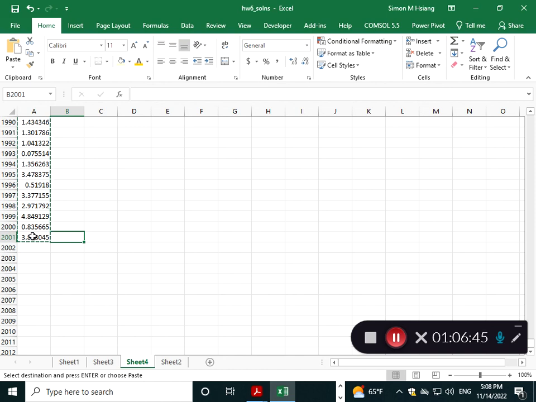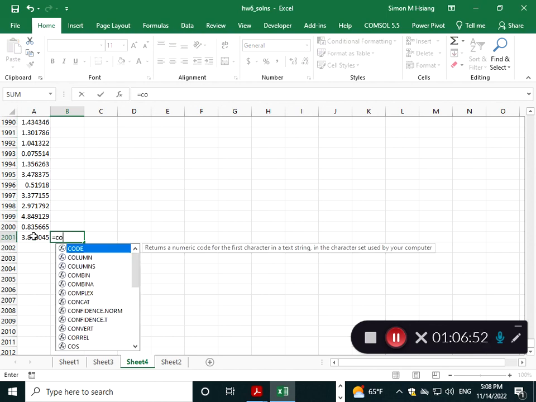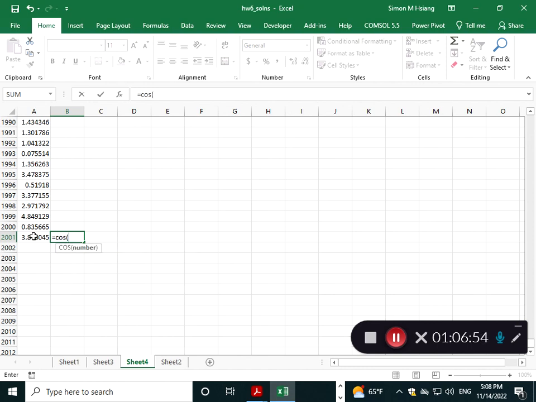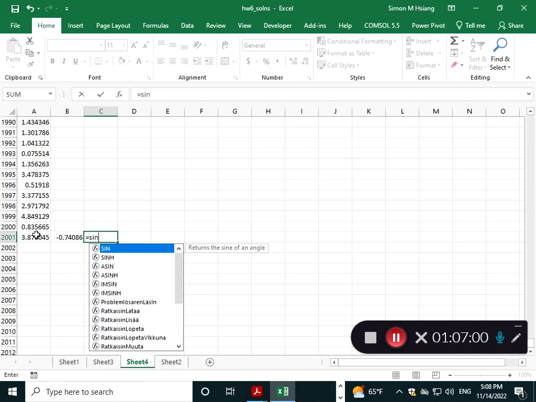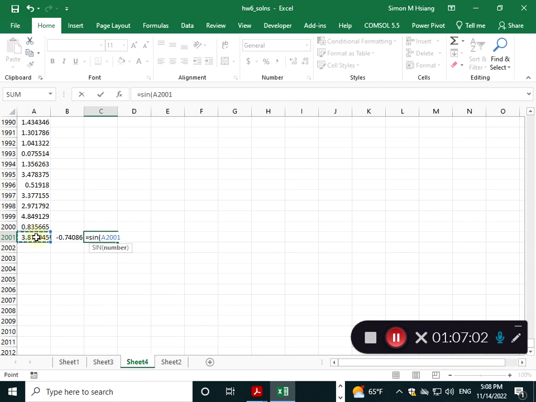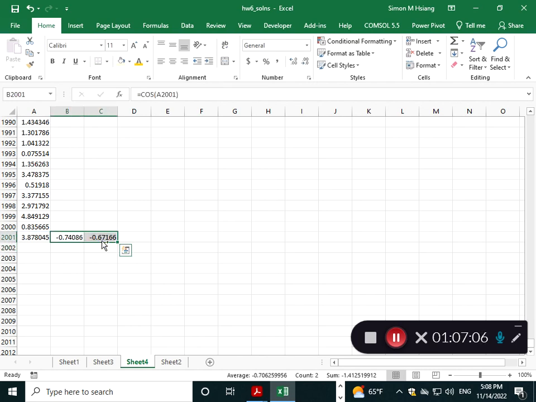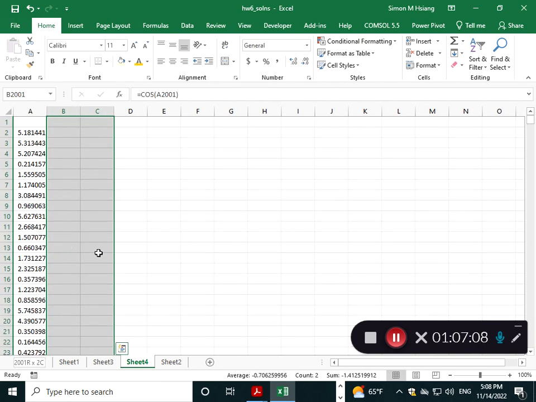Can I say this is the cosine of this guy, and this is the sine of this guy? So one is sine of the random number, one is cosine of the random number.